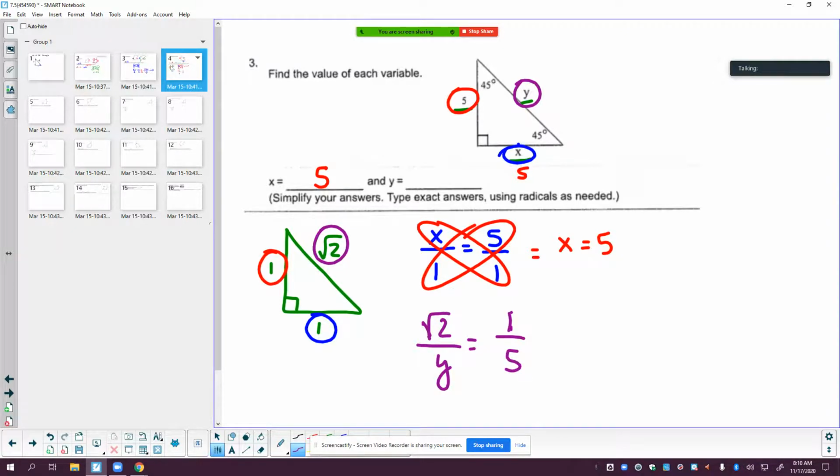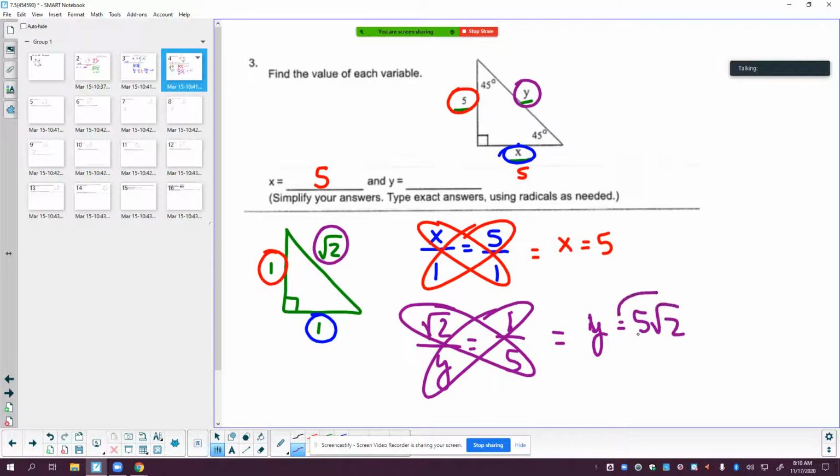We're going to cross multiply these two and these two. y times 1 is just y, and square root of 2 times 5 is 5 square root of 2. So there's your x and there's your y, and your triangle is solved. Any questions there?